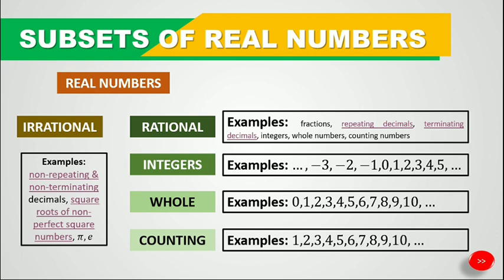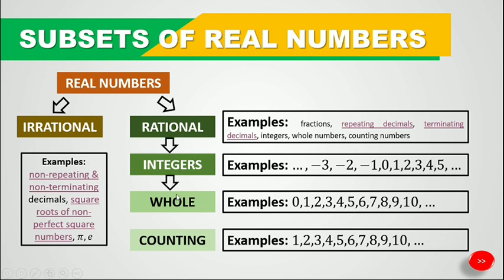And so all of these sets of numbers or subsets of numbers are included in the real numbers. In other words, real numbers have two categories basically. We have irrational numbers and rational numbers. And then under rational numbers, we have integers. Under integers, we have whole numbers.